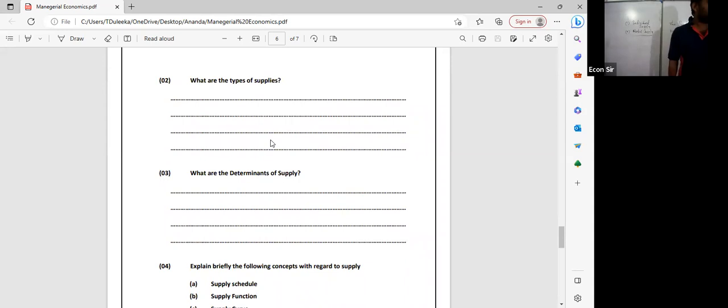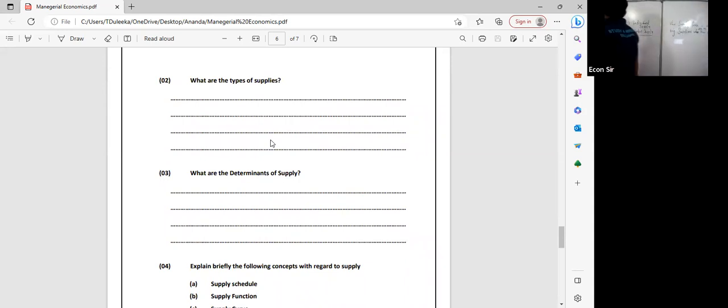What are the determinants of supply? ඒ කියන්නේ සැපයුම් තීරක මොනවාද?